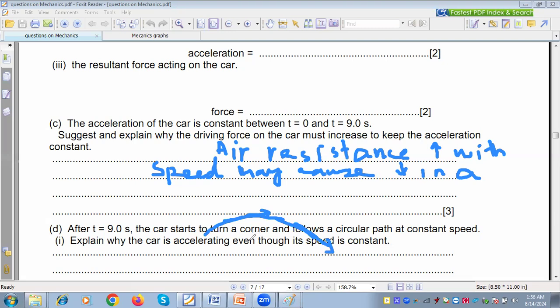So velocity is not constant, but speed is constant, because direction is changing here.